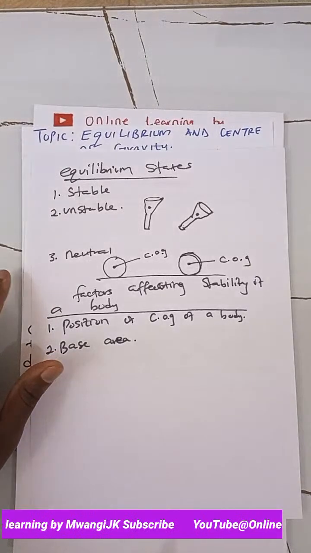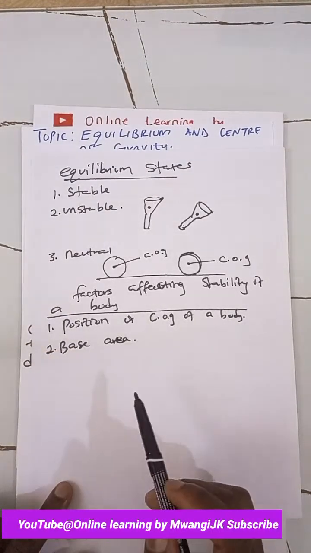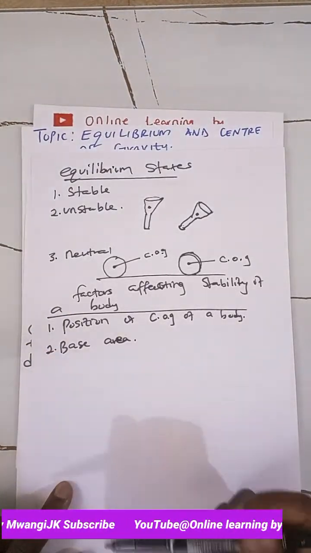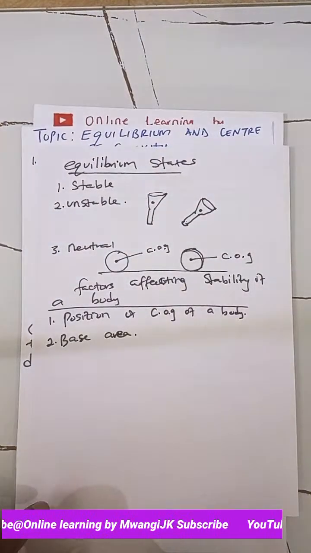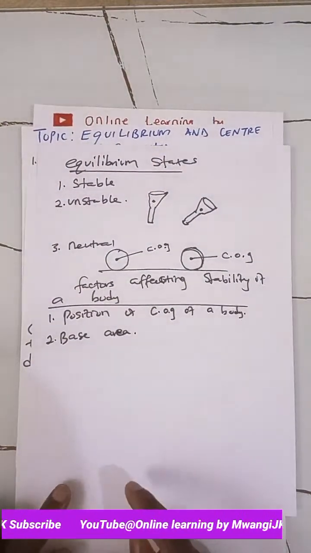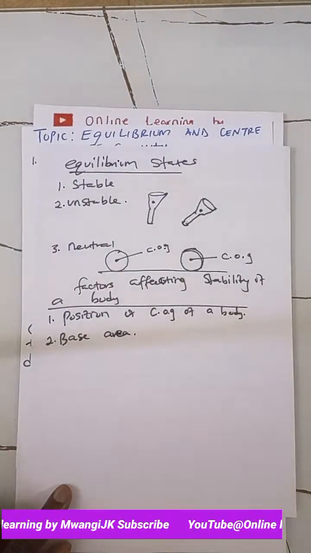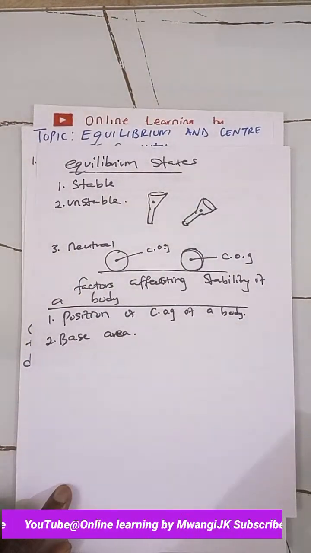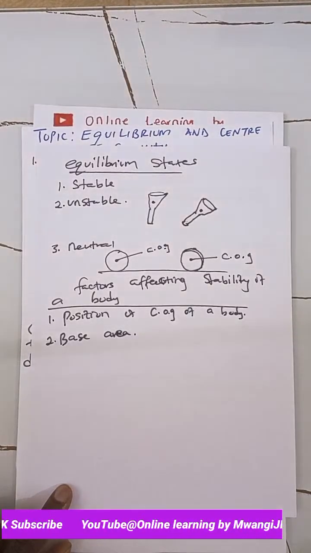And we have different examples of application of stability. One, we all talk about racing cars, for example the Formula 1 cars. They are made to be so short and with a wide base.